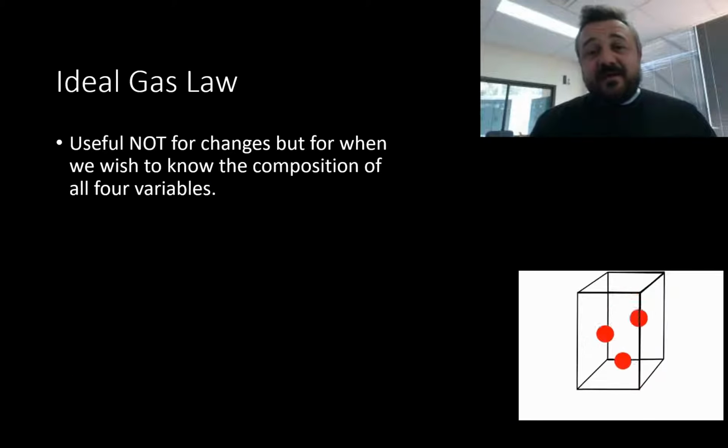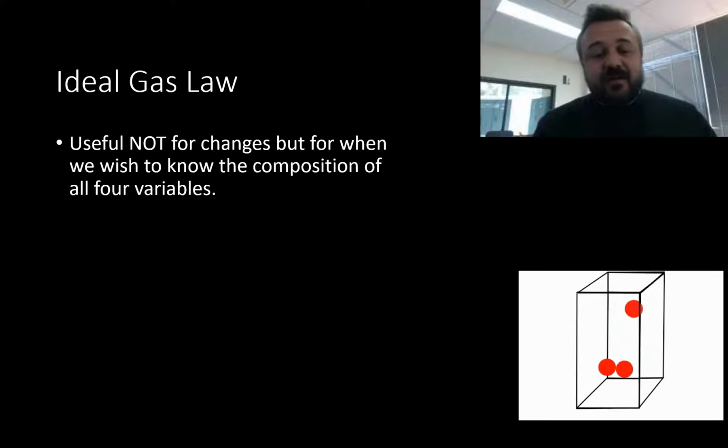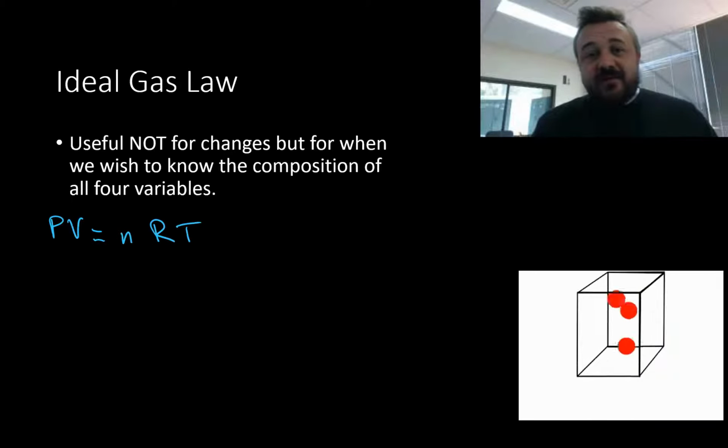And this brings us to the ideal gas law. This is useful not for when we want to measure a change, but more when we want to work out the composition of all four variables if we've got a few. This is a culmination of our previous gas laws. The ideal gas law is PV equals nRT.